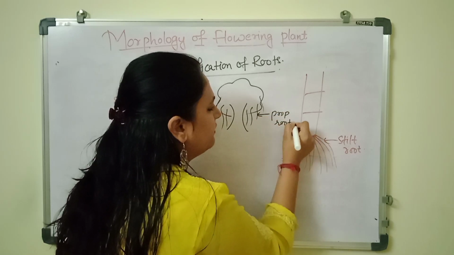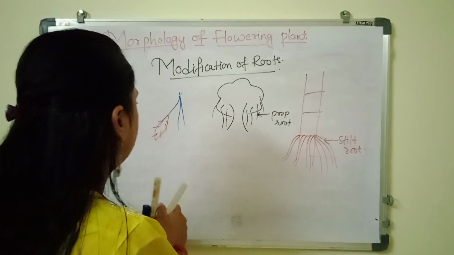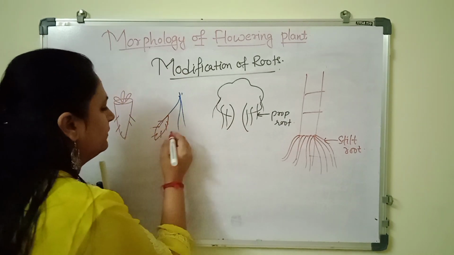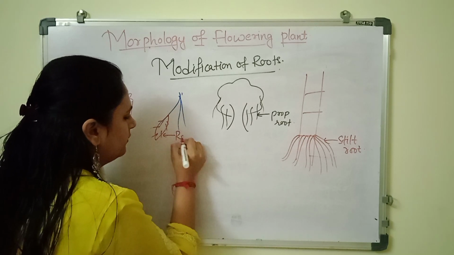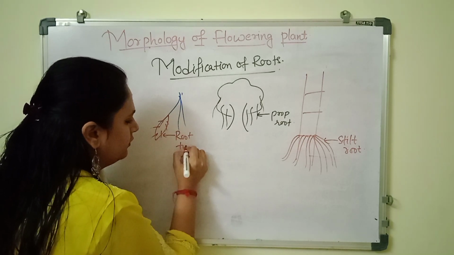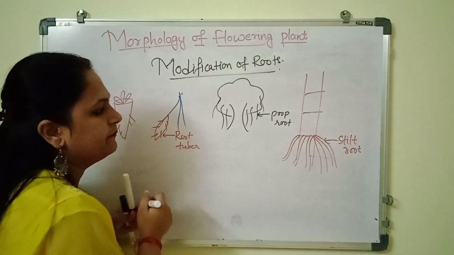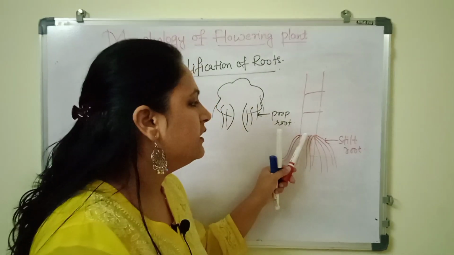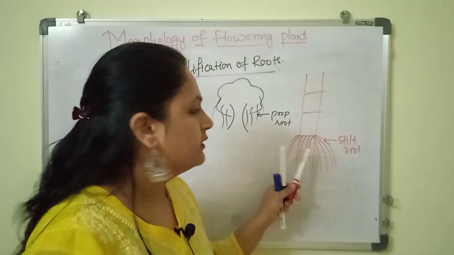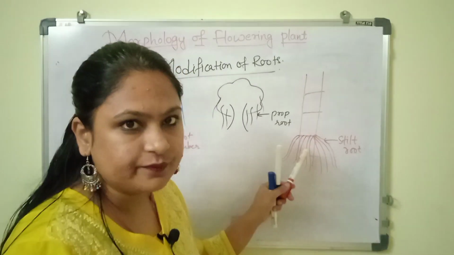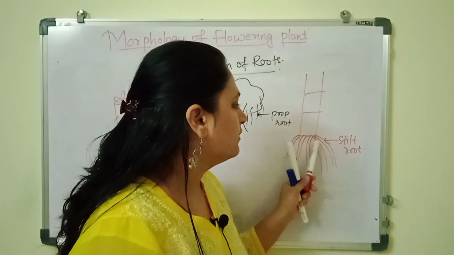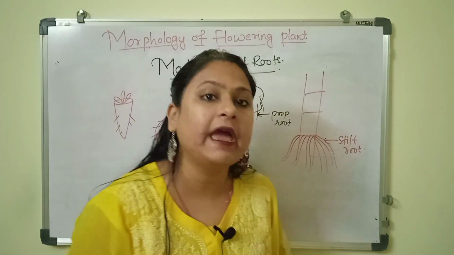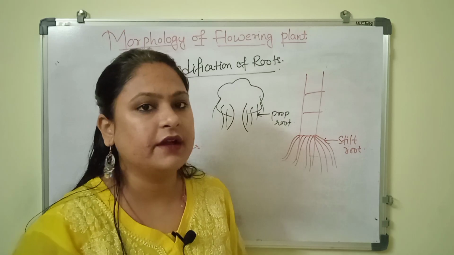This is another adventitious root, a root tuber. So the stilt root arises from the lower node of the stem. Several adventitious roots come out, and they provide extra support to the plant.